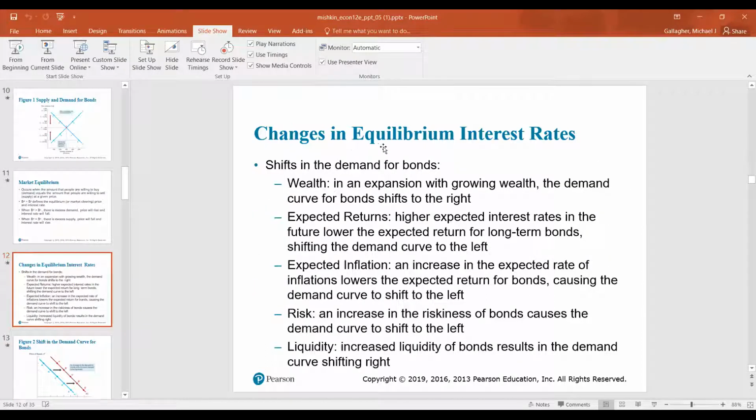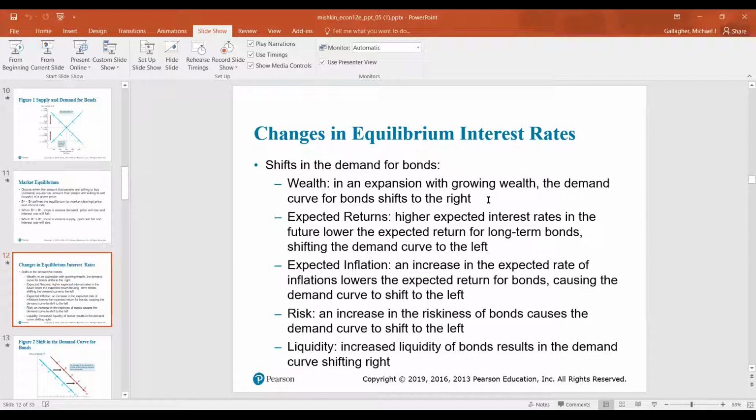Changes in equilibrium interest rates. Then we started to talk about shifts in supply and demand. Shifts in the demand curve for the bond market depend on wealth. In an expansion with growing wealth, the demand curve shifts to the right. That makes sense.